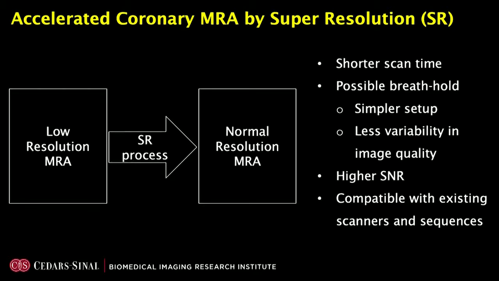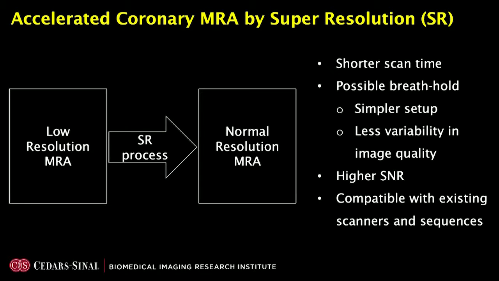So if we think outside the box, if we can acquire a low-resolution coronary MR angiography and then use a super-resolution process to upscale the images to a normal, typical coronary MRA at the currently required resolution, like 1 by 1 by 1 millimeter, that would be tremendous.